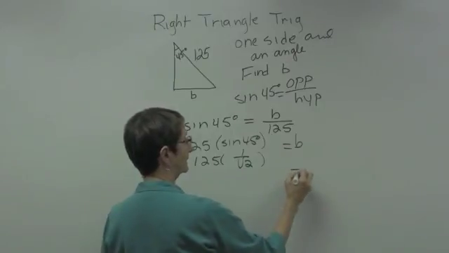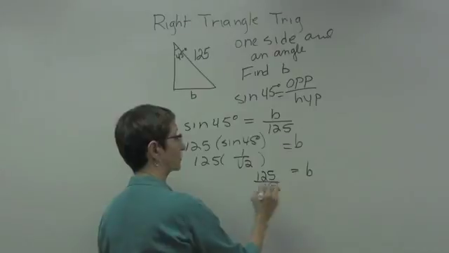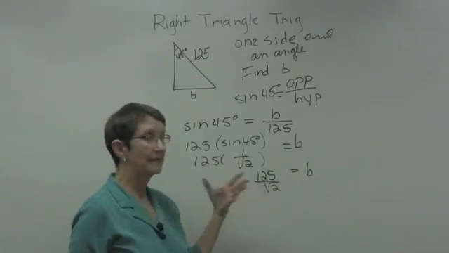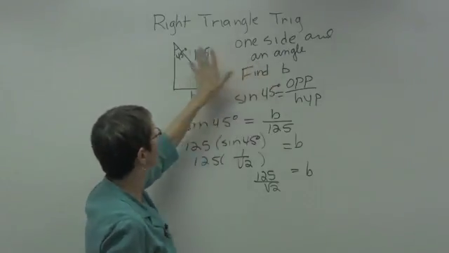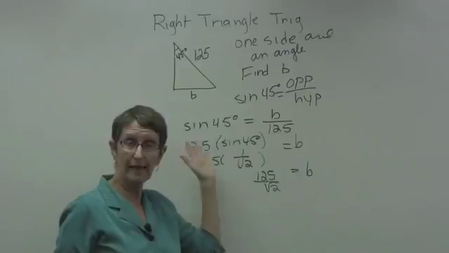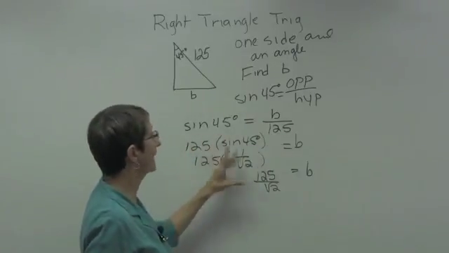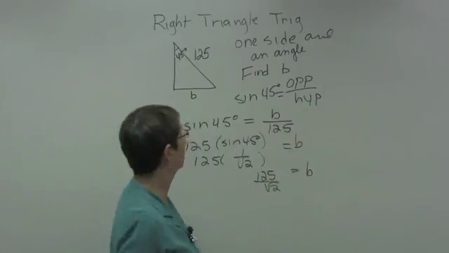And so B is equal to 125 divided by the square root of 2. That's what this side is. I was not asked to find the height. I could do that, I could find that side also, but this is all we need for this problem, and I used the same method as before. Let's look at another one.